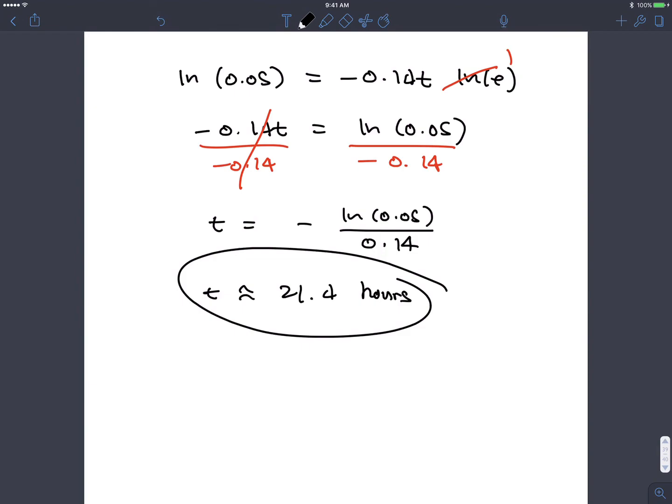But for 95% of it to leave our body, and we'll double check our calculations, natural log 0.05 divided by 0.14, 21.4 hours later, 95% of that caffeine has left our body. Notice it's not 100%, but 95% of it has left. That's how we answer number 11.